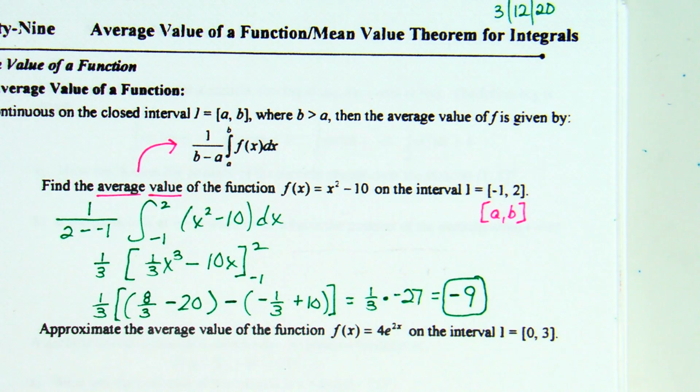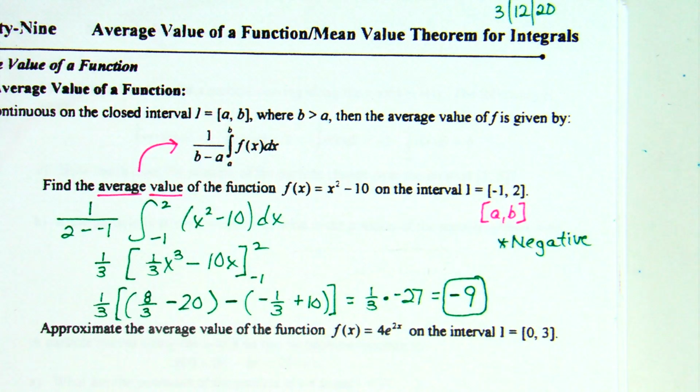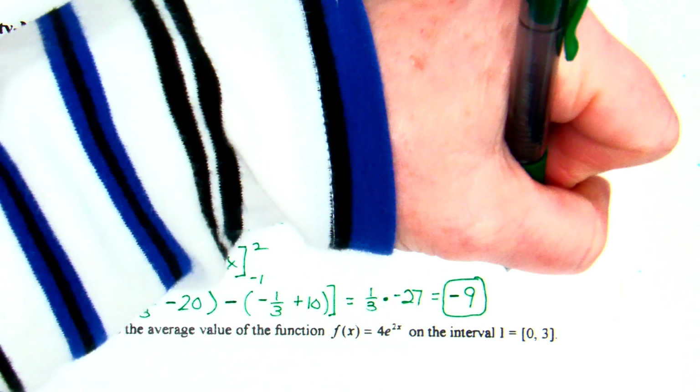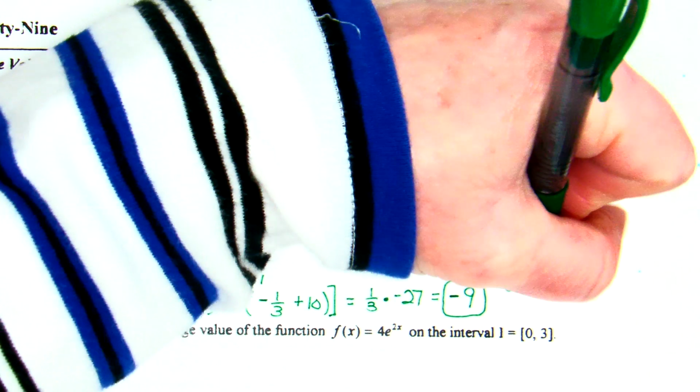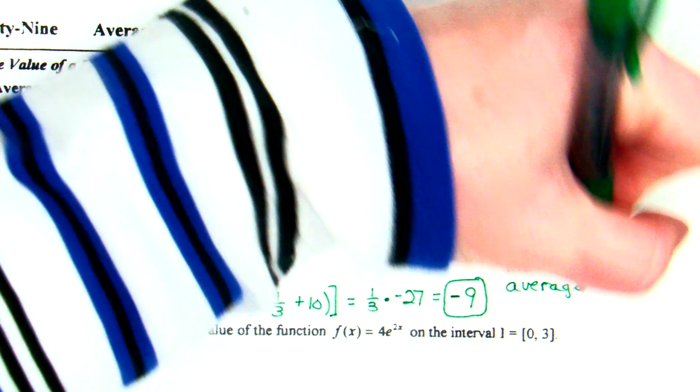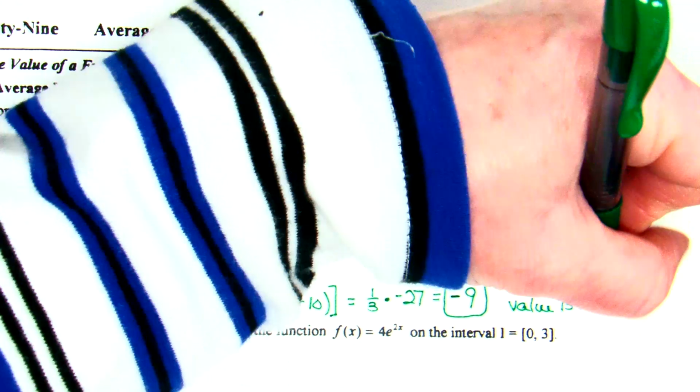So just kind of a side note there. Negative indicates average value is below the x-axis.